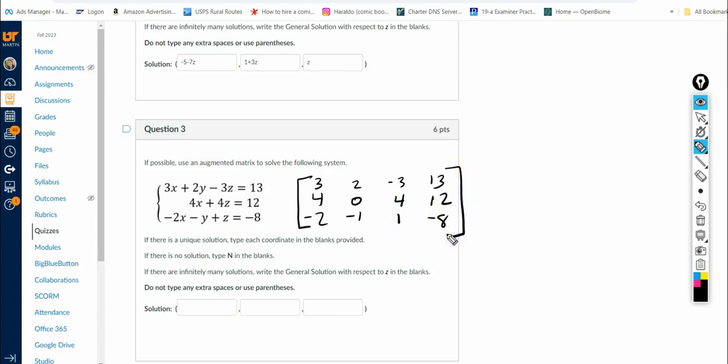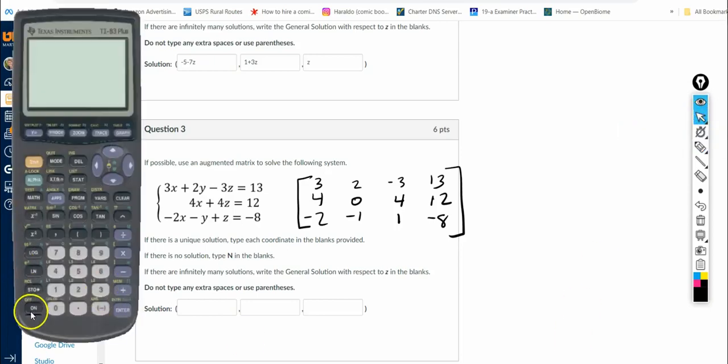Okay, and I need to enter in that augmented matrix. I'm going to use my calculator once again. Get into the matrix menu, go over to the editor. Again, it's a 3 by 4.